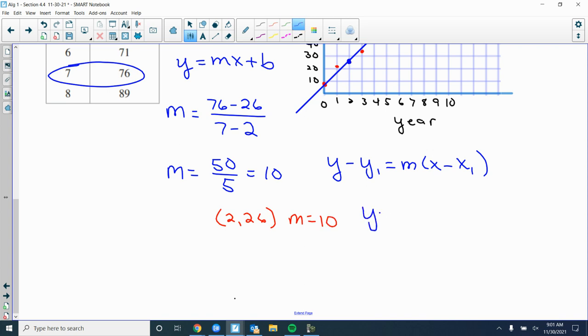It's going to be y minus, the y1 is going to be 26. M is 10. And then we got x minus 2. All right, we want to solve that to get y by itself. If you know what you're doing, distribute. Go ahead. I'll finish it here in a second.